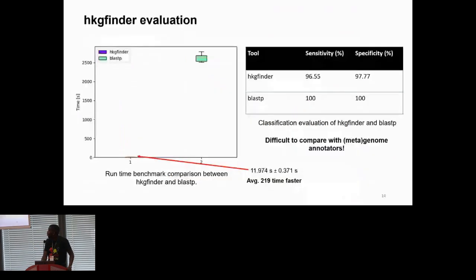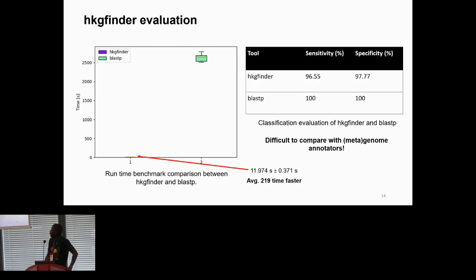We did some evaluation of hkgfinder. It's difficult to compare with genome annotators, because in the back end they use the same tools. They use Markov profiles, so we would expect the same results as hkgfinder. So we compared it against BLASTP, and on average, hkgfinder is 219 times faster than BLASTP.